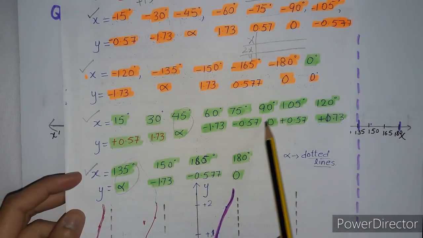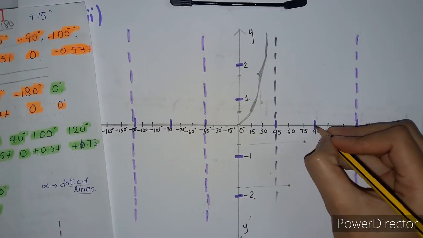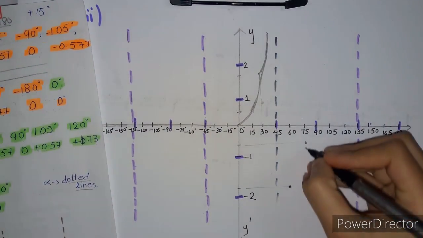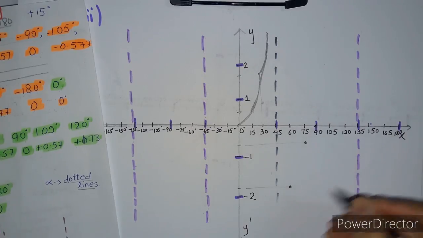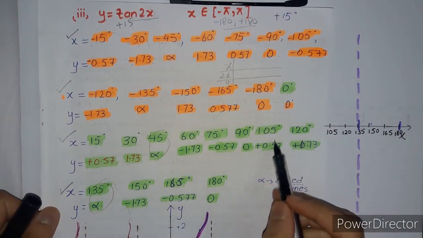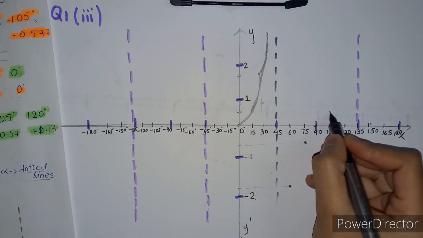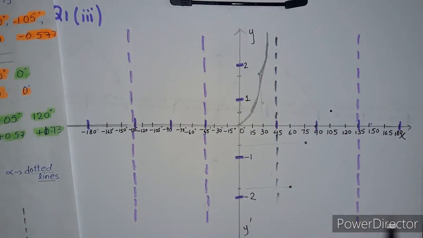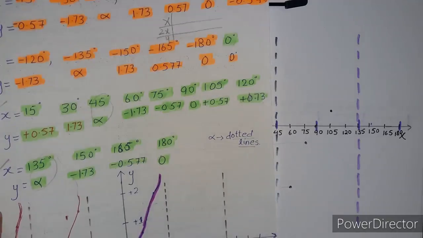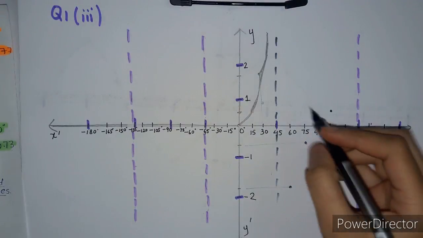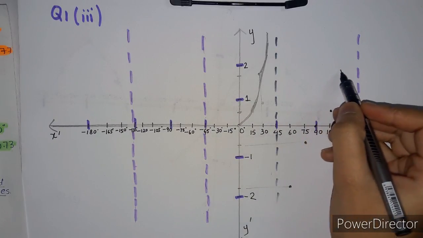And 90 degrees is 0, so 0 here. Okay, so highlighting the points. Then 105 is plus 0.5, somewhere here. Then 120 is plus 1.73, here, this point.